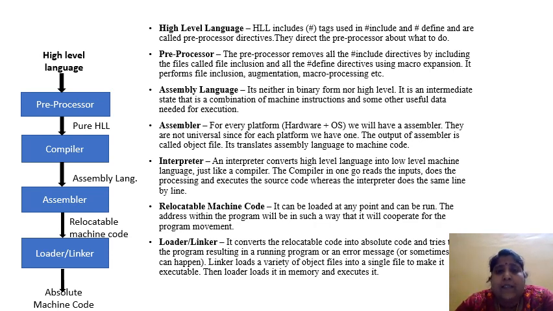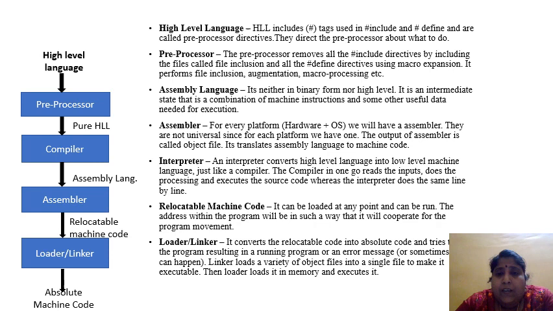In the next phase, we'll be getting assembly language from the compiler. Now, what is assembly language? It is neither in the binary form nor in the high-level form. It is an intermediary state. That is, it is the combination of machine instructions and some other useful data needed for the execution. The assembly language is then fed to the assembler.